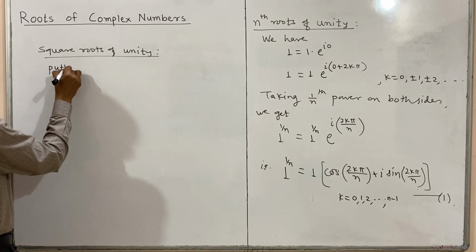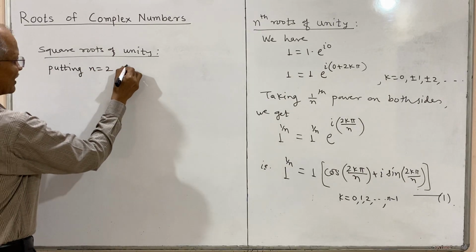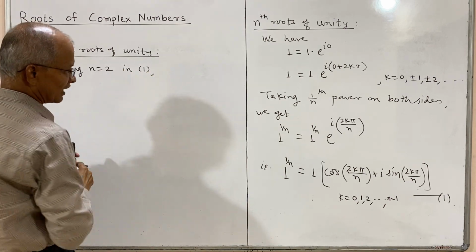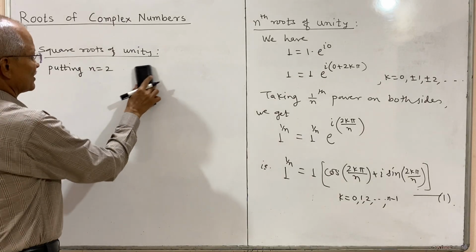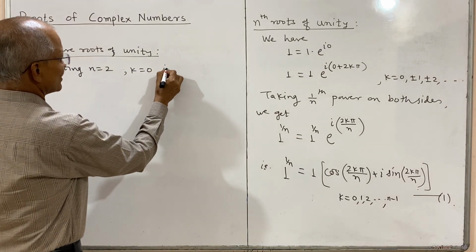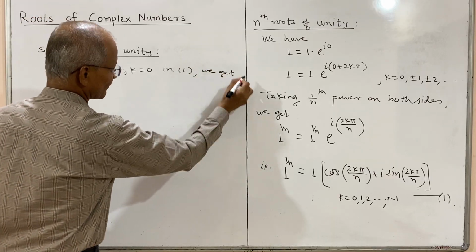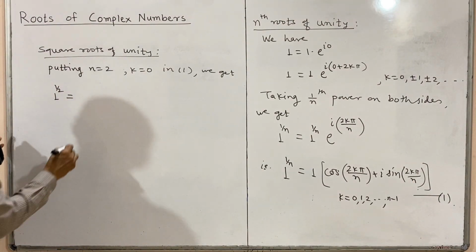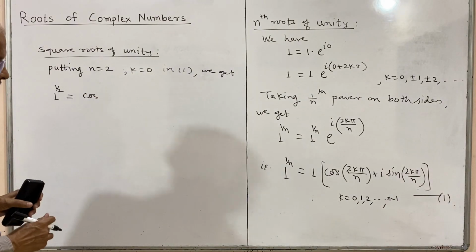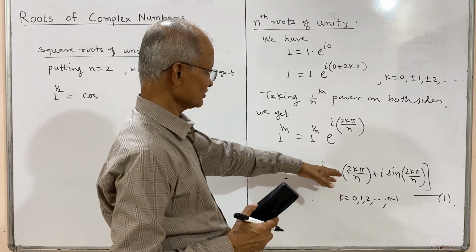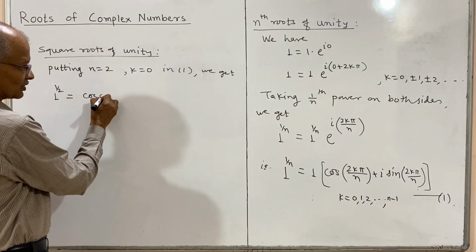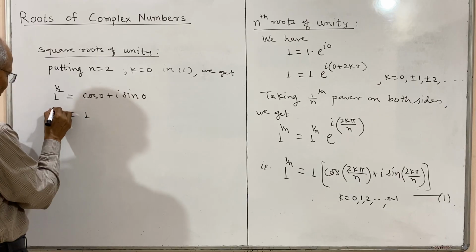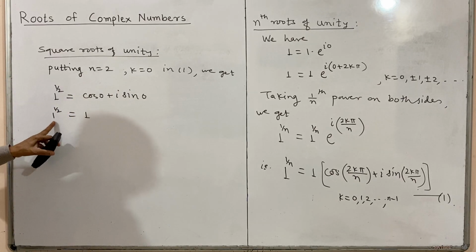Putting n is equal to 2 and at the same time k is equal to 0 in 1, we get one root of this, 1 raised to half, is equal to, n is 2 and k is 0, so it is cos 0 plus i sin 0, and cos 0 is 1, so this is 1. So one root of unity is 1.